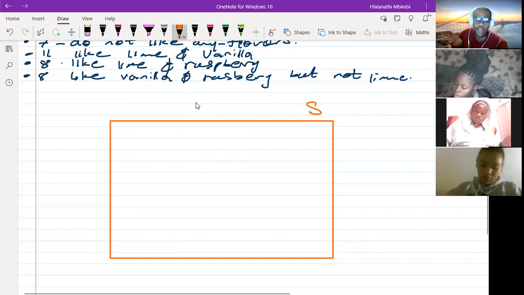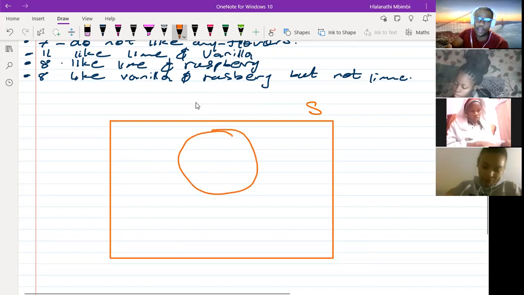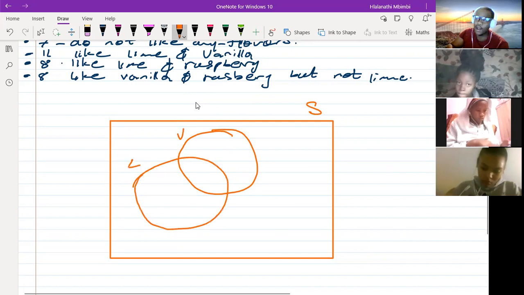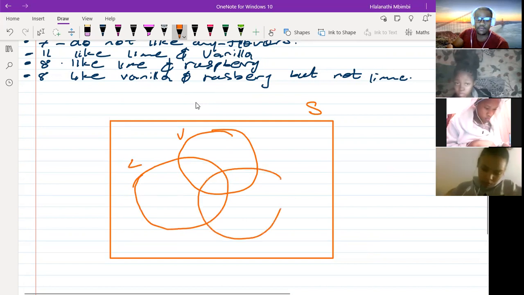We will then have vanilla, for instance, and then we will have a lime, and then we would have raspberry like that.